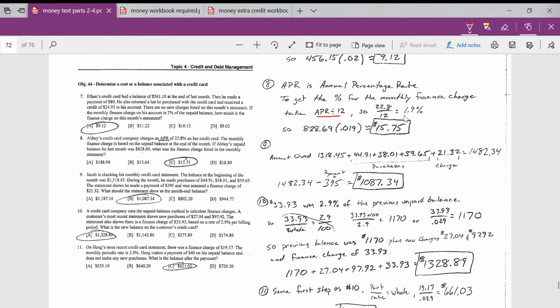That means per month they're going to charge a 1.9% charge on what you owe. Okay, so again, 1.9%, we're going to move that over twice. So as a decimal, that's 0.019 times the amount, the unpaid balance, the amount they owe. We multiply those two, and there's going to be a little rounding here, but it's about $15.75, letter C. Okay.